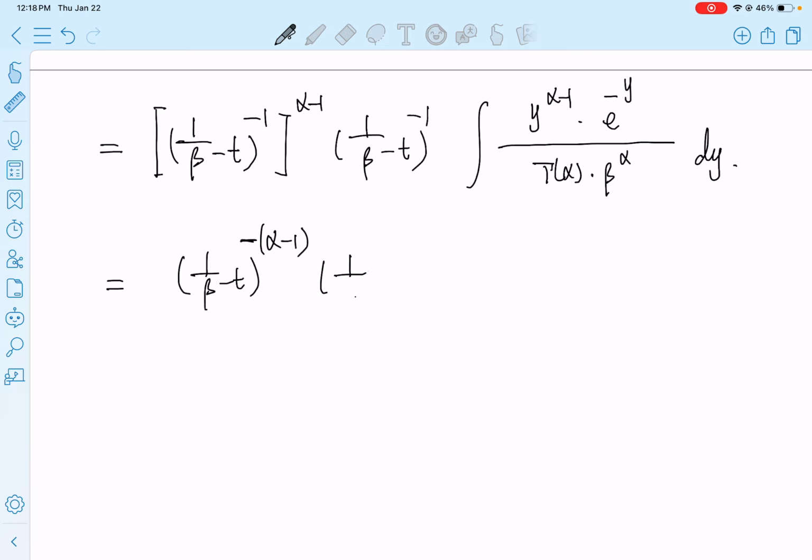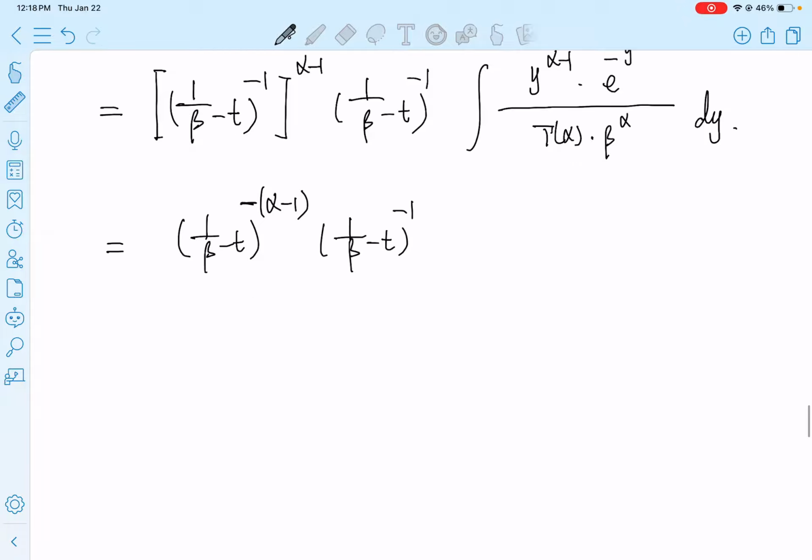So a positive 1 minus alpha, and then multiplying by that. Okay, so now again, you have a raised to the power of negative b, and then a raised to the power of negative c. So here x raised to the power of a multiplied by x raised to the power of b is equal to x raised to the power of a plus b for any generic x.